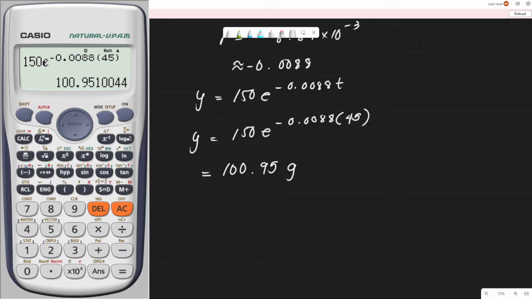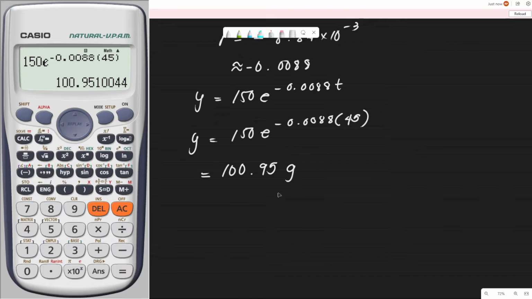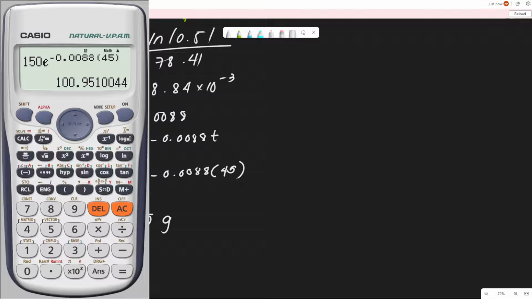However, what if the negative r that I use is the 8.84 times 10 raised to negative 3? What if we replace it? There is a small difference.